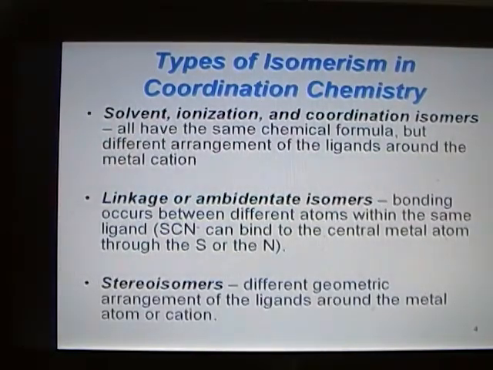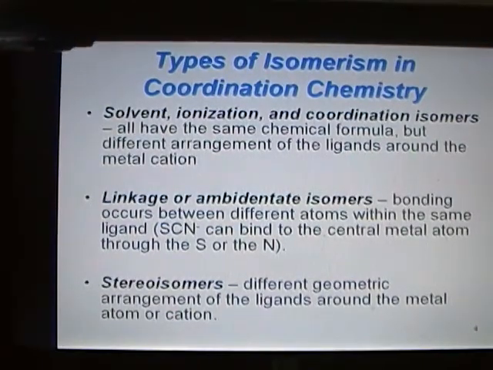There are many types of isomers in coordination chemistry, and we're going to learn about each type. We have solvent, ionization, and coordination isomers. This is one group. All of these compounds have the same chemical formula, but different arrangements of the ligands around the metal cation.